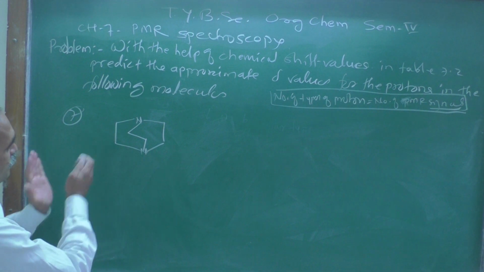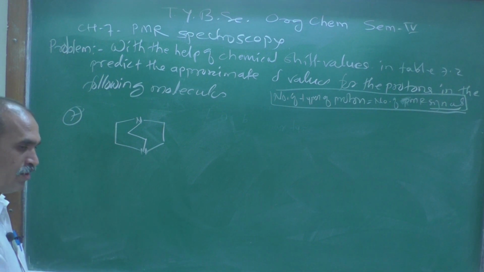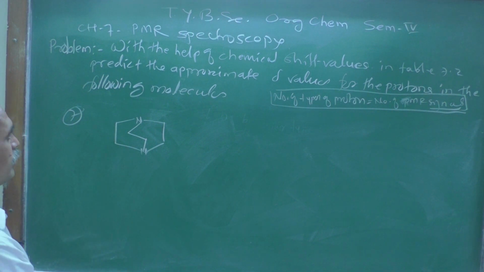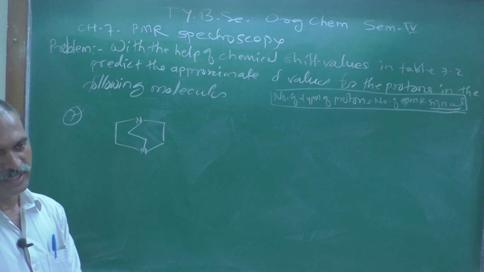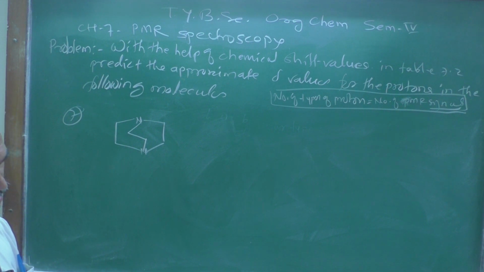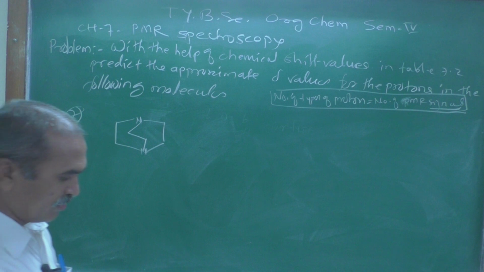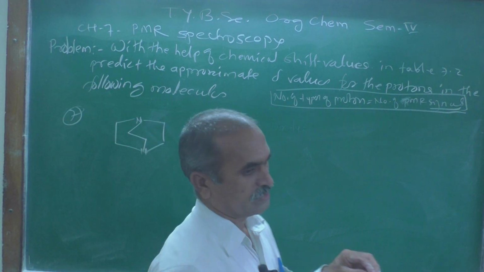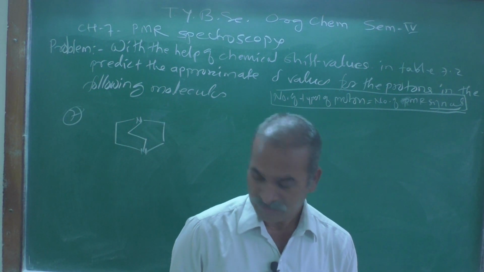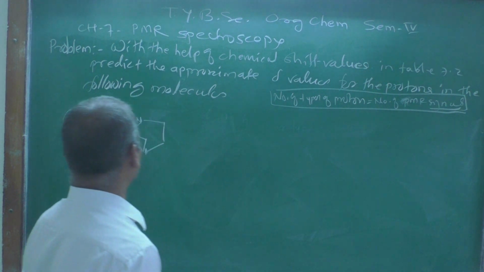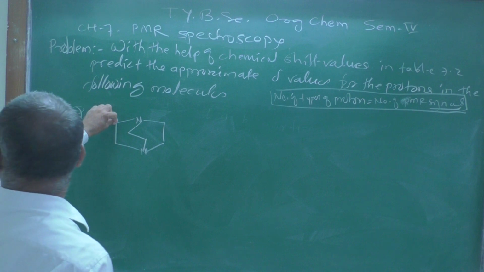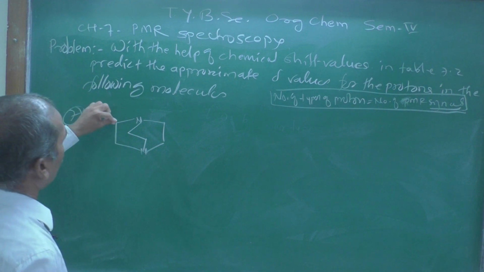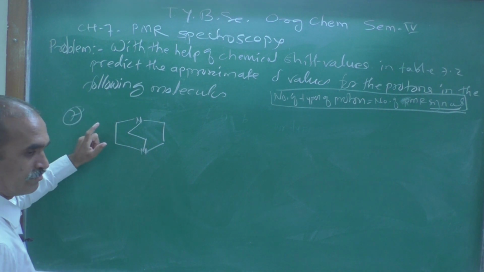Now, if you observe this structure carefully, what will you find over here? This molecule, whether it has a symmetry or not, we are trying to find out. First, how many protons do you find over here. This corner has 2 hydrogen atoms.